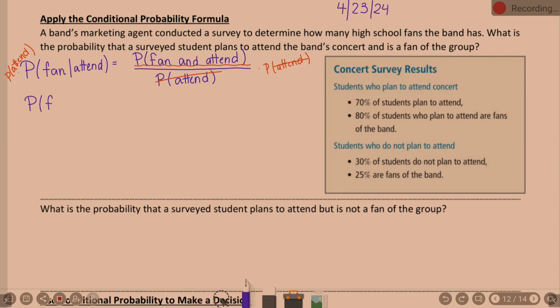So we're looking at the probability of being a fan and attending, and that's going to be equal to these two pieces from the left: the probability of being a fan, given they attended, times the probability that they attended.